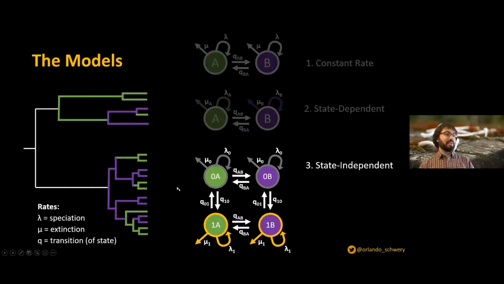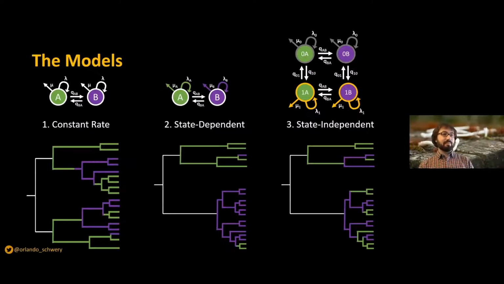So what that would look like is we still have a slow diversifying clade and a faster diversifying clade, but they don't really match up with the traits. So they're independent. And therefore, we would expect different kinds of trees to come from those.